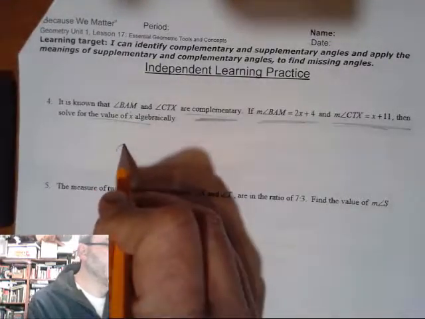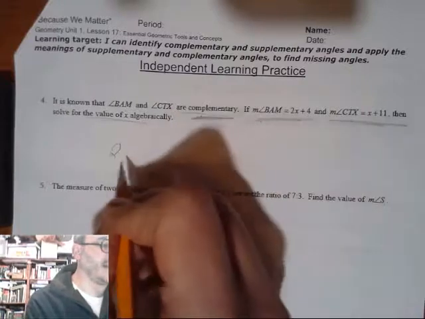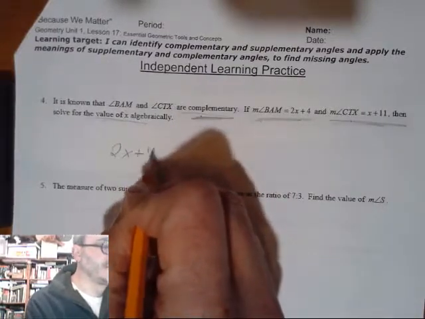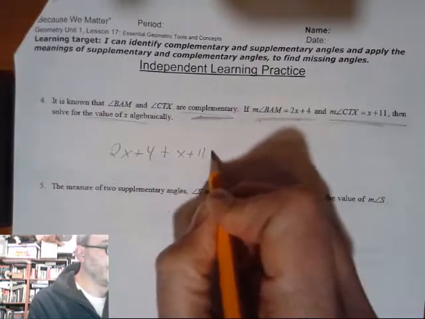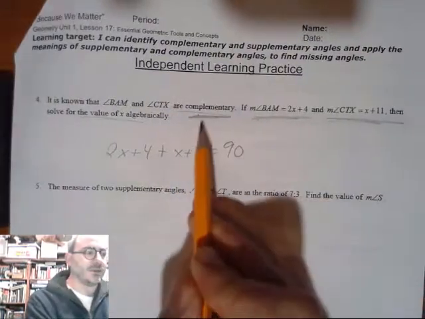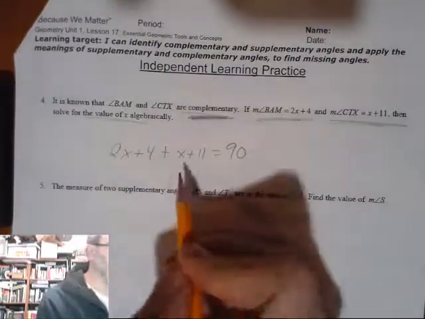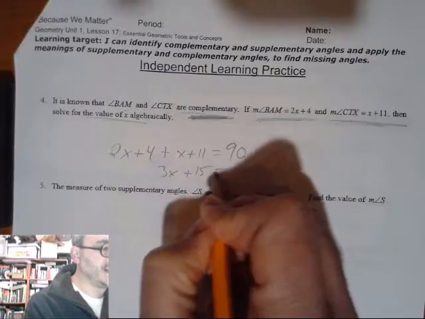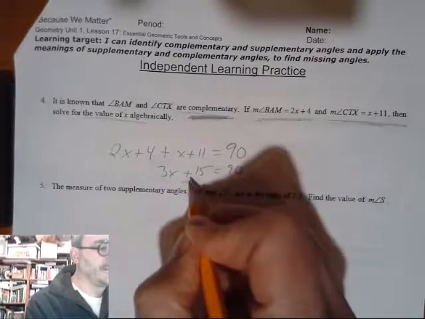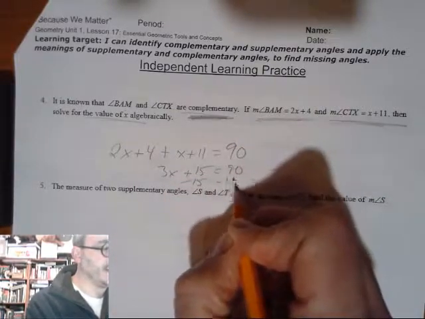So 2x plus 4 plus x plus 11 is going to equal 90, because it was told it was complementary. I combine my like terms. I get 3x plus 15 equals 90. I subtract 15 on both sides.